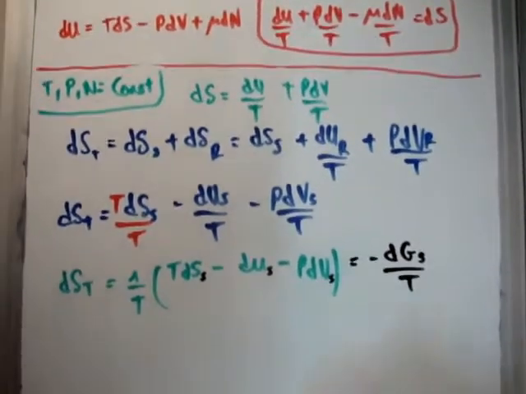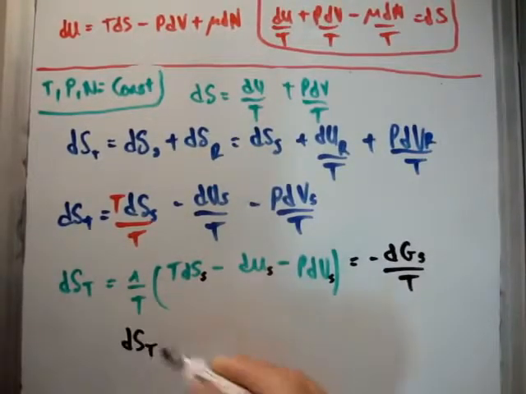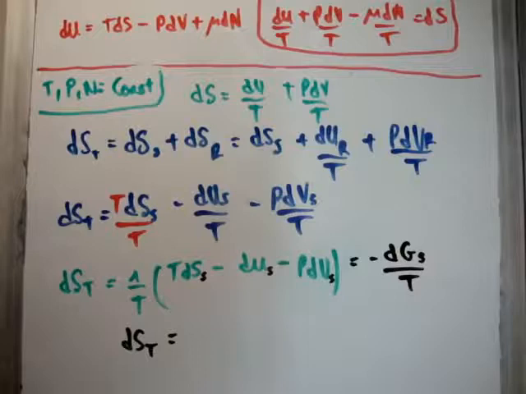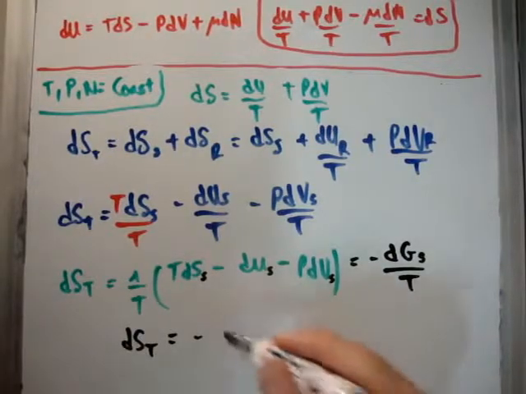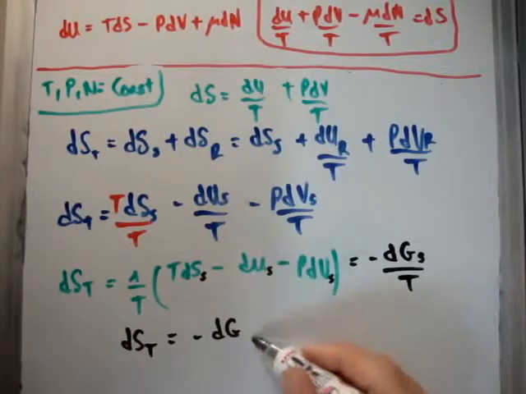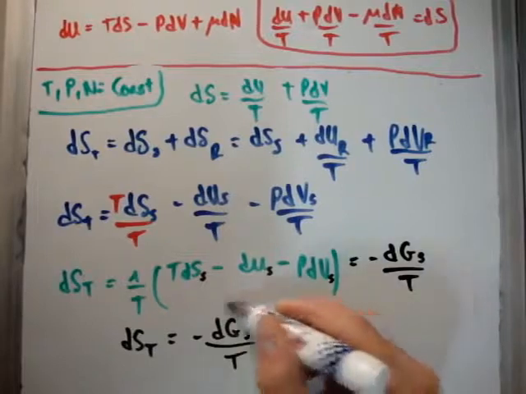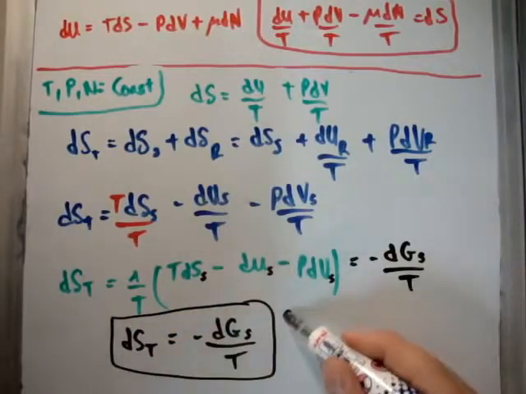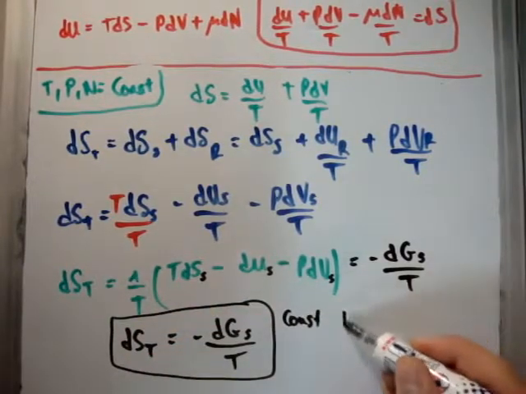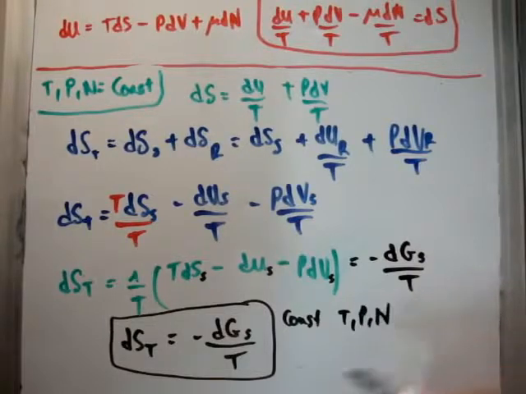So that means dS, the change in entropy of the universe, is minus the change in the Gibbs free energy of our system divided by T. So this is at constant temperature, pressure, and number of particles.